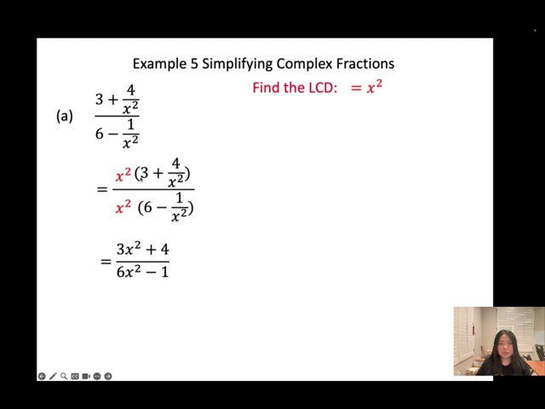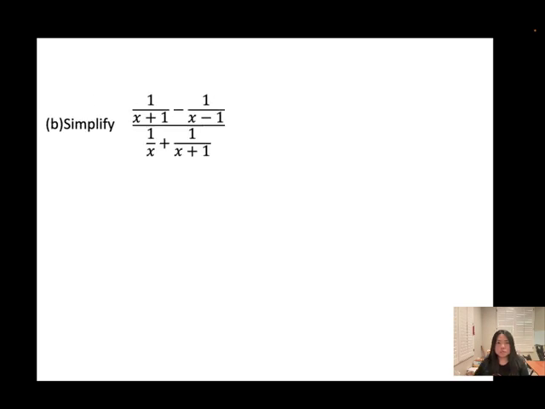Okay, 3x squared plus, cancel out, only plus 4. 6x squared minus 1 here. Can you simplify it? No, right? That's it. Okay, next one.